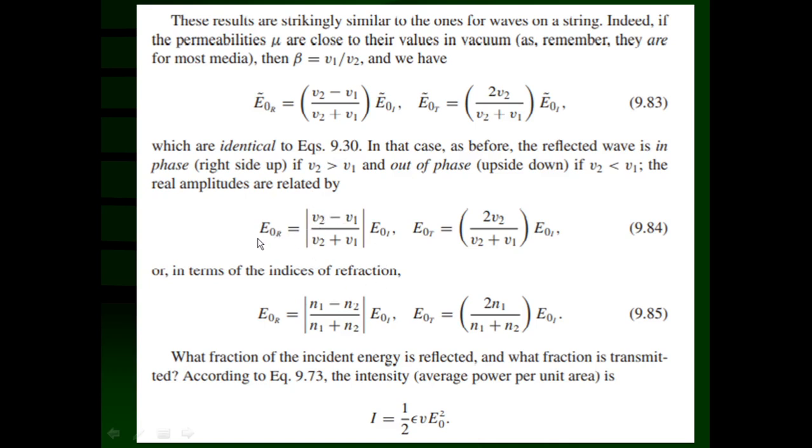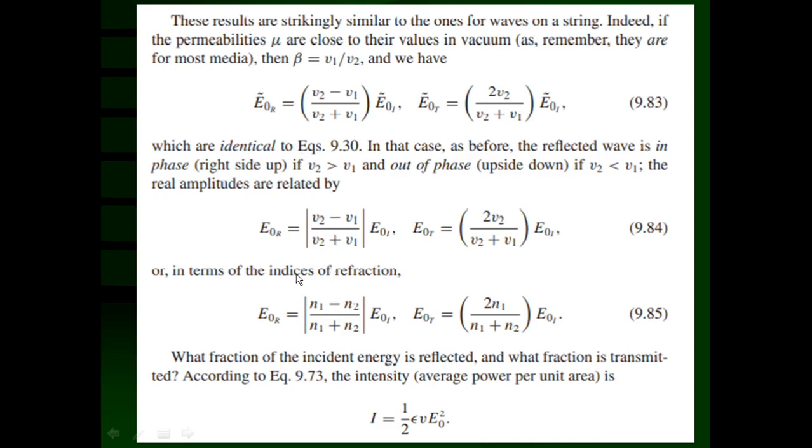So E0R, the magnitude of the reflected wave, is equal to (V2 minus V1) upon (V2 plus V1) times E0I, and E0T is equal to 2 times V2 upon (V2 plus V1) times E0I, or in terms of the indices of refraction, that means refractive indices n1 and n2.